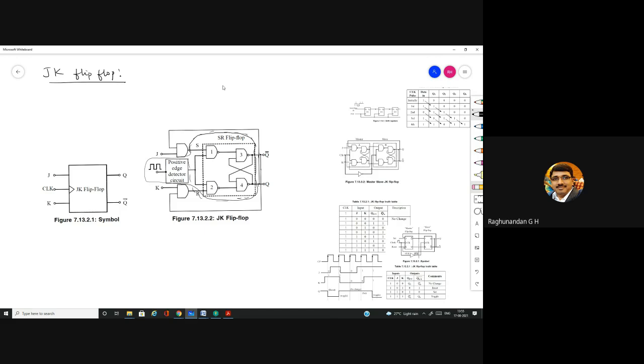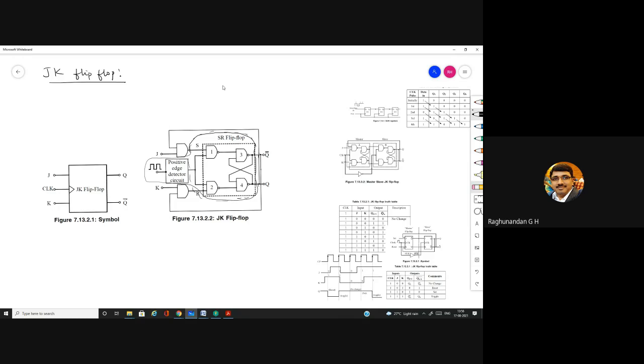Then you can observe here the AND gates are cross connected with the outputs. If I take this as Q bar, it is connected to K, and this is Q, and this is connected to J. So there is a cross connection. Here also we have cross connection in SR flip-flop, where the output of one NAND gate behaves as one of the inputs for the other gate.